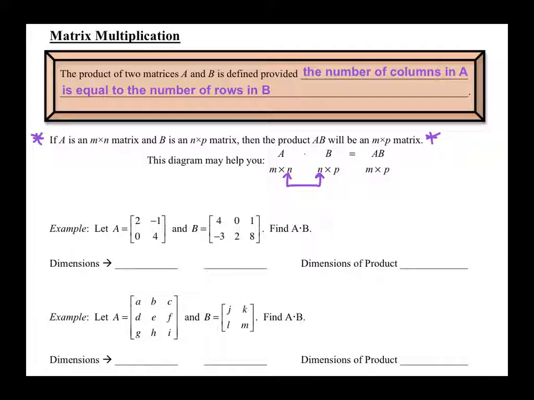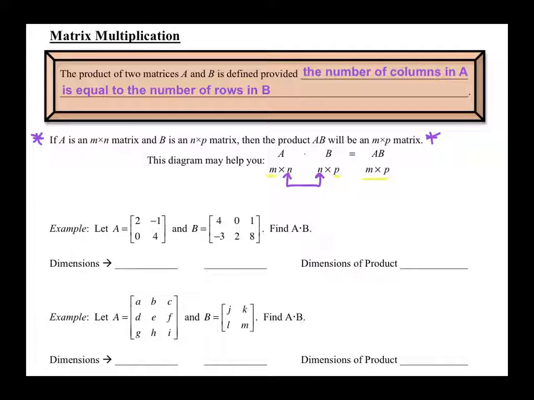When you multiply them, it becomes an M by P matrix because of the way we multiply and distribute our values. We will look at an example, but that might help you see what you start with and what it becomes.